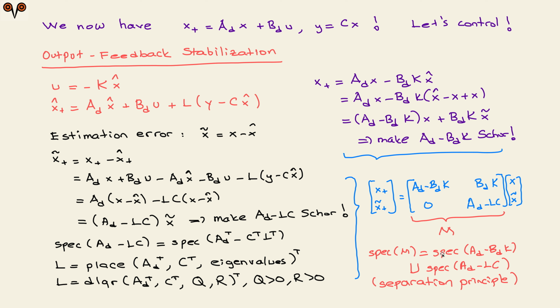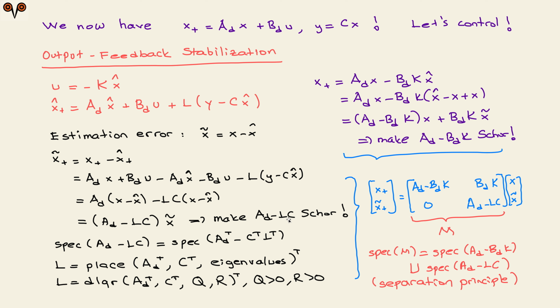So if you make AD minus LC Schur for the estimation dynamics and AD minus BDK Schur for the control design, then x and x tilde together will go to 0. And this is also called the separation principle that I covered. I mentioned this in the continuous time videos as well.